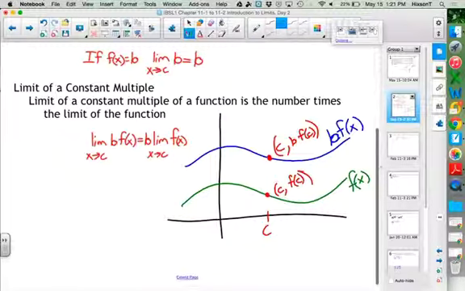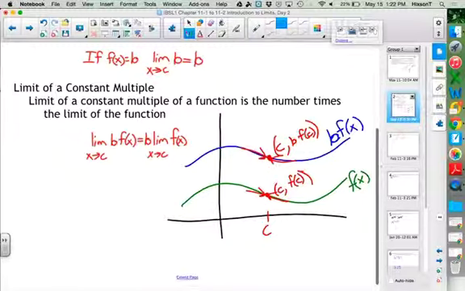And you can see here that if we're taking this limit, as we approach from the left, we're approaching this value. As we come from the right, we're approaching that value. That's f of c. If we just multiplied that by the constant b, we'll get the same thing as if we approached from the left and right on the constant multiple.